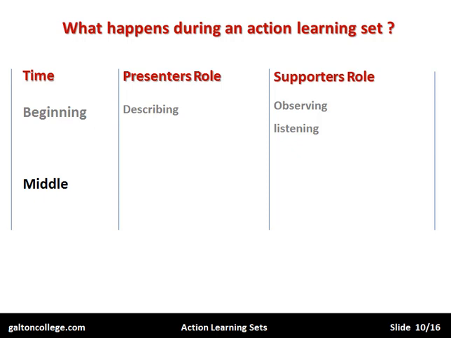And now we've moved from the beginning into the middle. And here in the middle, the presenter's role is to explore and question and listen and think.